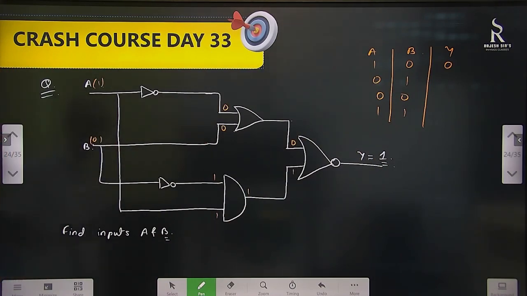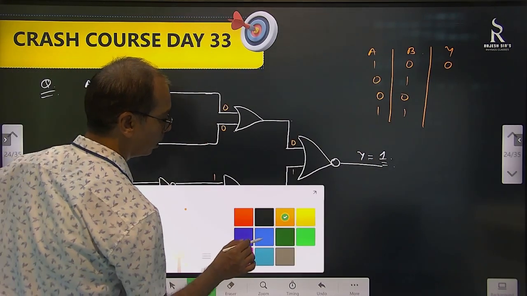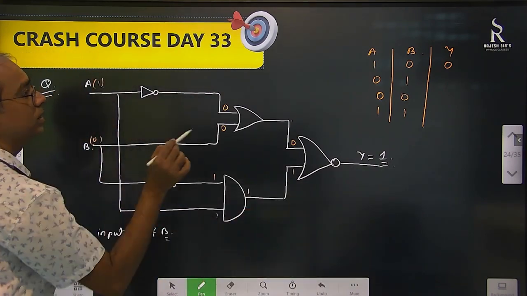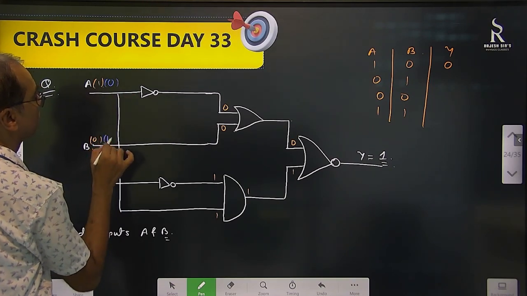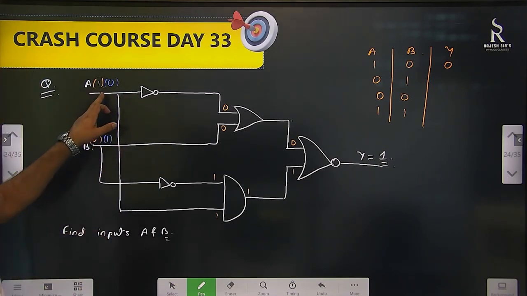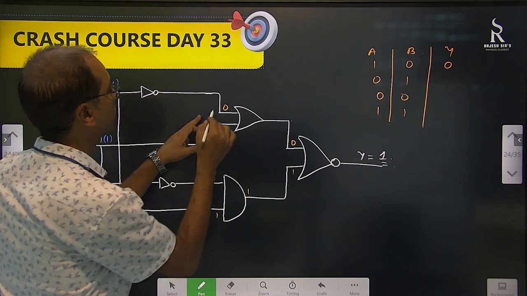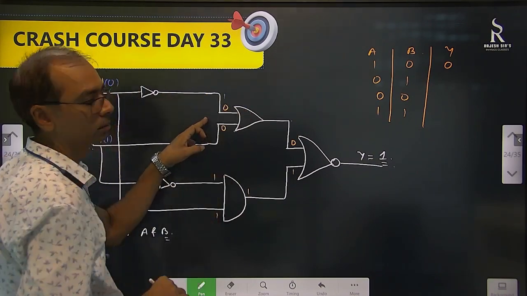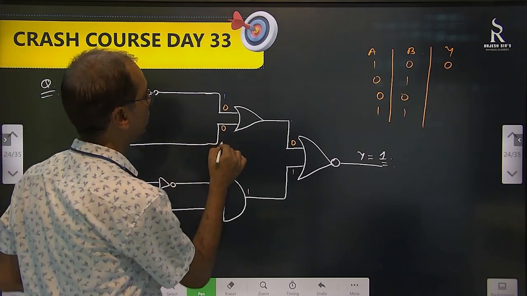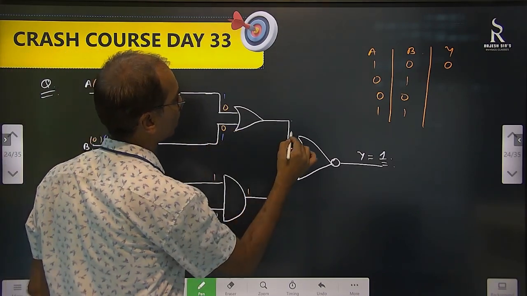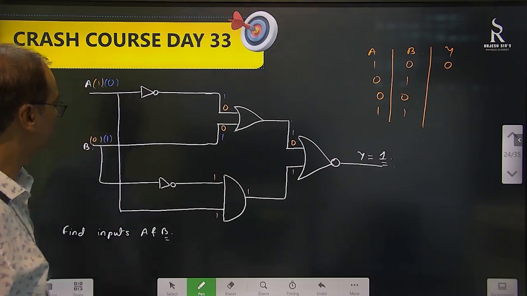The second one we will see. The second one, what is that? 0, 1. So this we took 0. This we are taking as 1. So when you took this as 0, this is NOT. So this will convert it into 1. This is 1, so here came out as 1. 1 and 1, this is 1. Now see here.